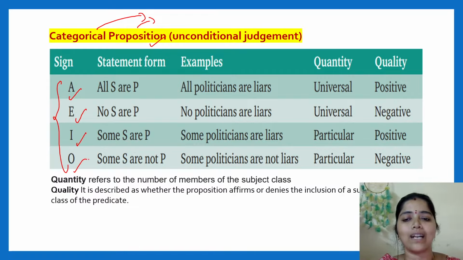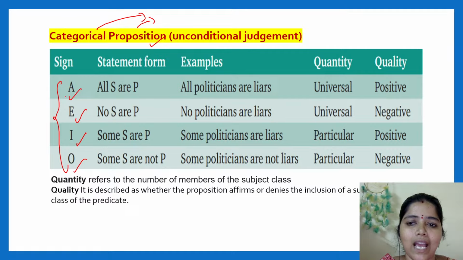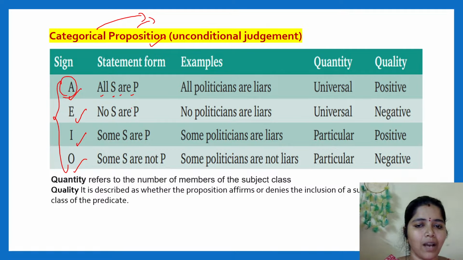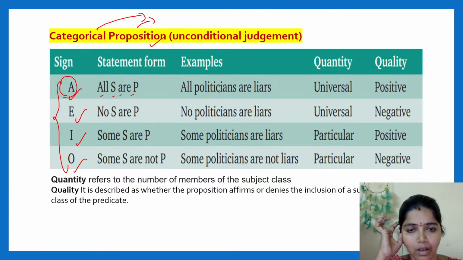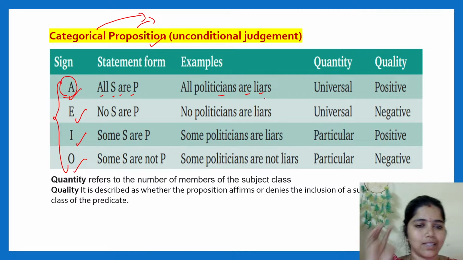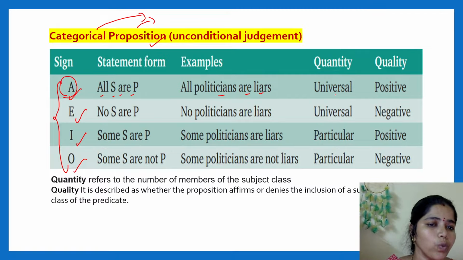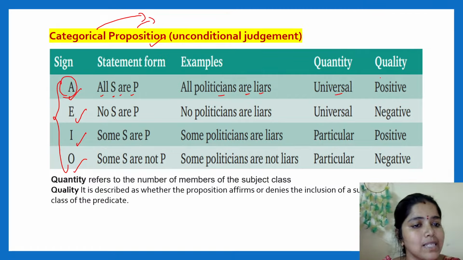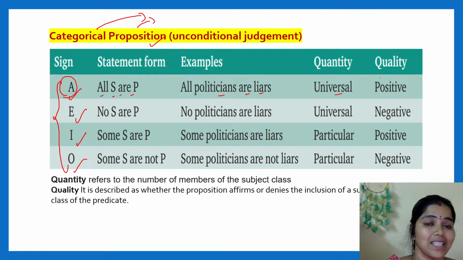When I say A type sentence, it will be all S are P. Example: all politicians are liars. This is a universal positive statement. Don't judge whether all politicians are liars is positive in that sense.